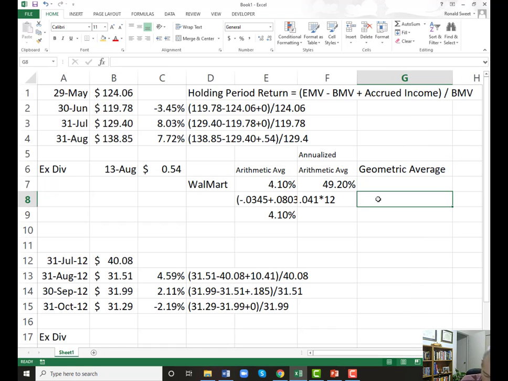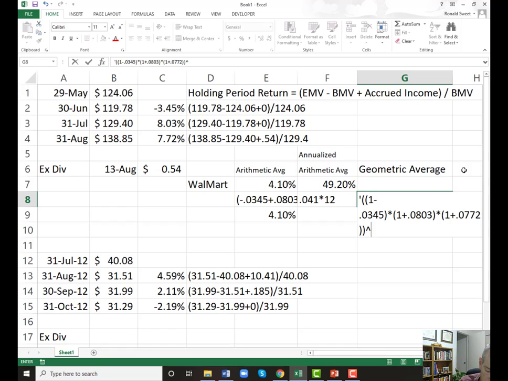We're going to open parentheses, 1 plus that first period, so it's actually minus 0.0345, close 1 parentheses, not both, times 1 plus the next period, 0.0803, close parentheses, times 1 plus that last period, 0.0772, close parentheses. So you have all of that.